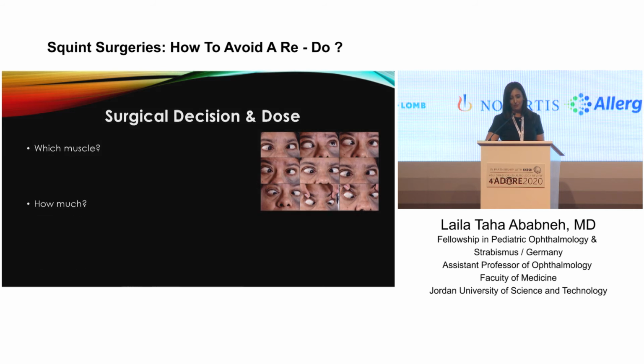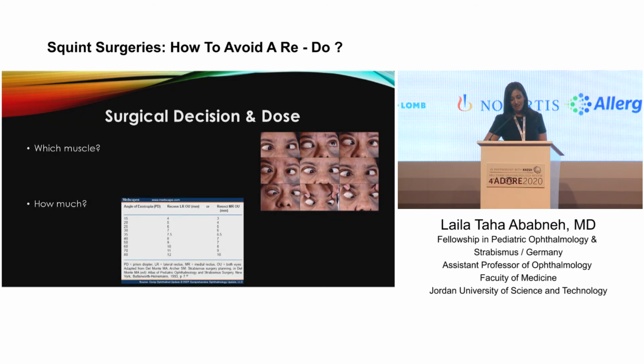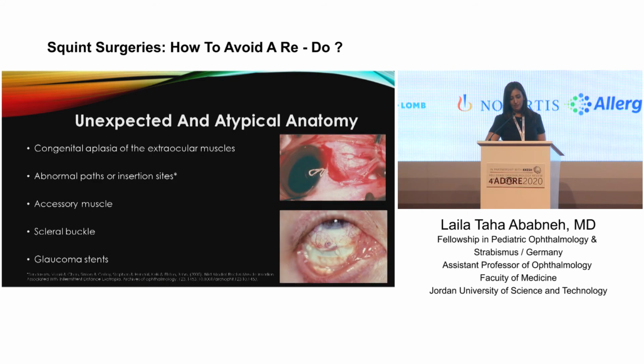We usually pick the correct muscle, fortunately, and we can rely upon different calculation methods, equations, or even tables. Sometimes we get surprised during the surgery by atypical anatomy that the patient didn't tell us about, or we didn't examine thoroughly before the surgery. We can get surprised by a glaucoma stent or scleral buckle or an accessory muscle.